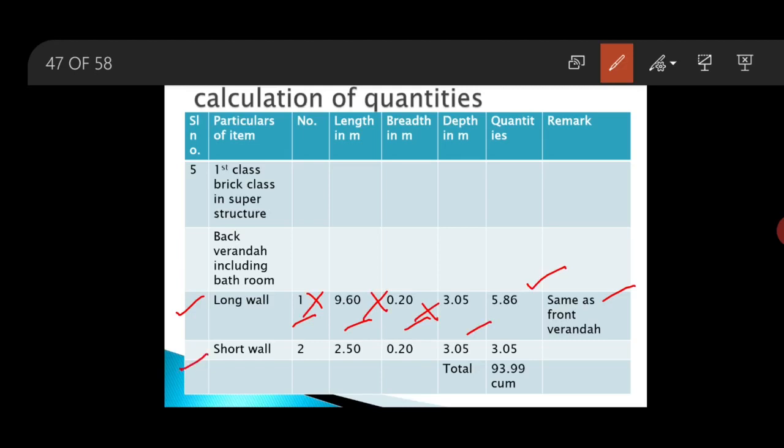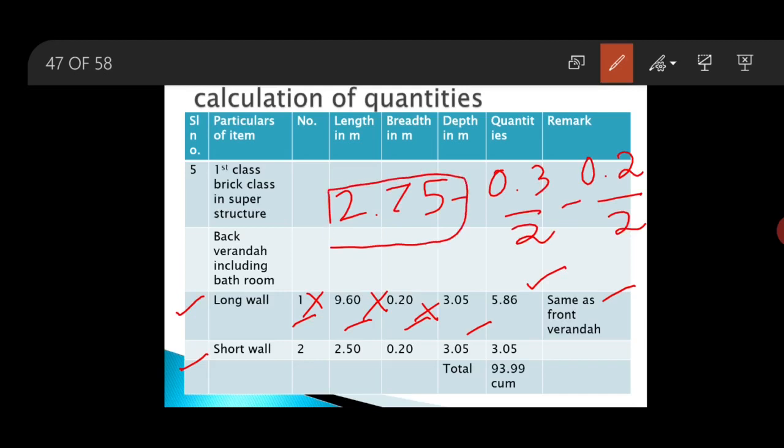For the short wall, the center to center length of the short wall for the back veranda is 2.75. From this we will subtract half of the width, because the back veranda short wall is also connected on one side to a 30 centimeter wall and on the other side to a 20 centimeter wall.